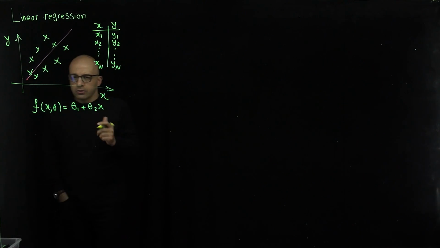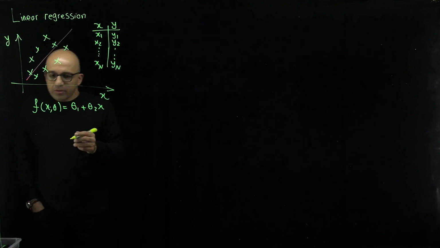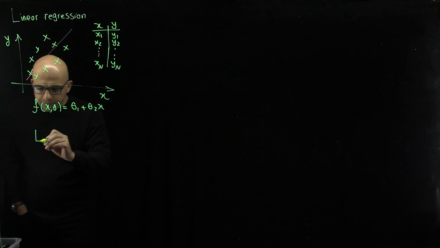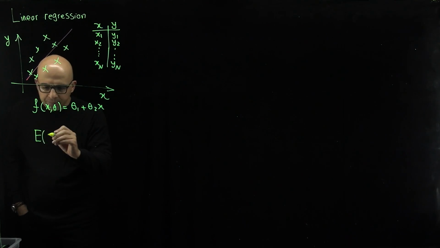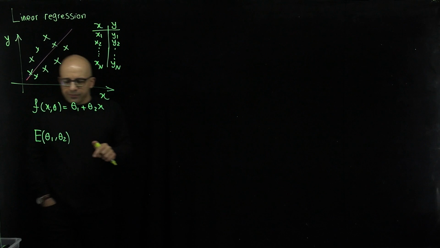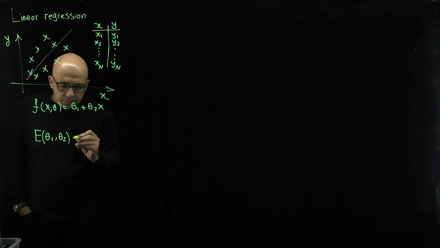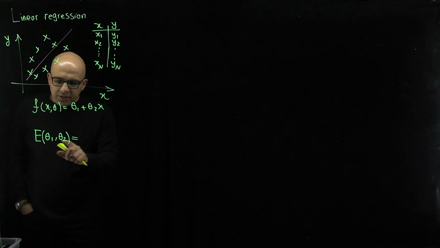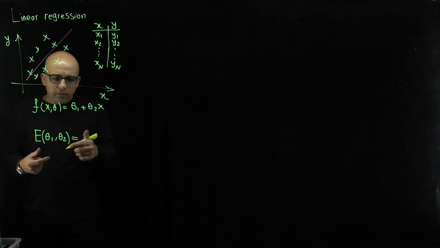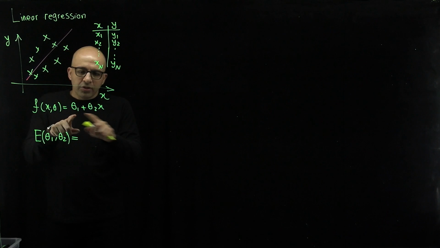One way to do that, probably the most common way, is by forming a loss function. We want to find theta1 and theta2 such that a measure of error is minimized. This would be the prediction of our model.